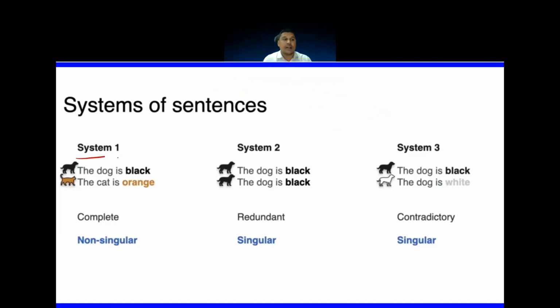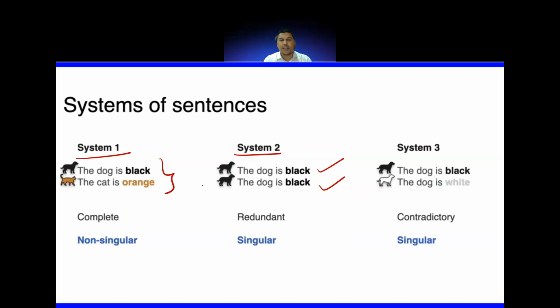See here, assume there is a system of sentences. In system 1, the two sentences are: the dog is black, the cat is orange. System 2: the dog is black, the dog is black. System 3: the dog is black, the dog is white. Let's analyze these sentences.